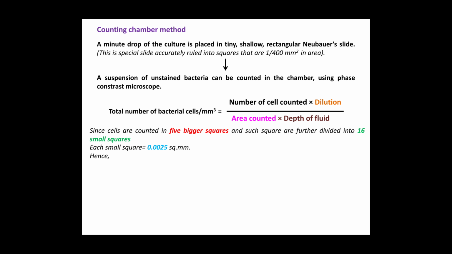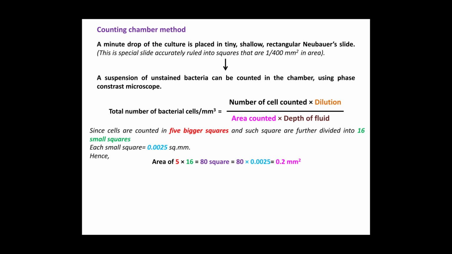So each small square has an area of 0.0025 square millimeter. Hence the area of 5 bigger squares will be 0.2 millimeter square.